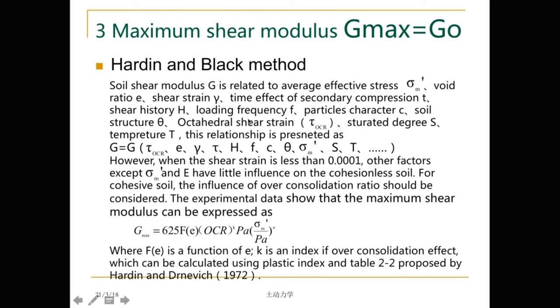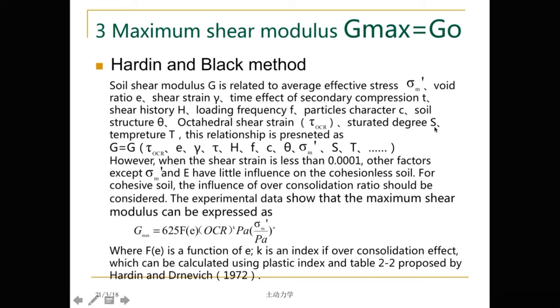And octahedral shear strain is a kind of description of the stress state. Then scientists found that this shear strain will affect the stiffness of soil. Another is the saturated degree.